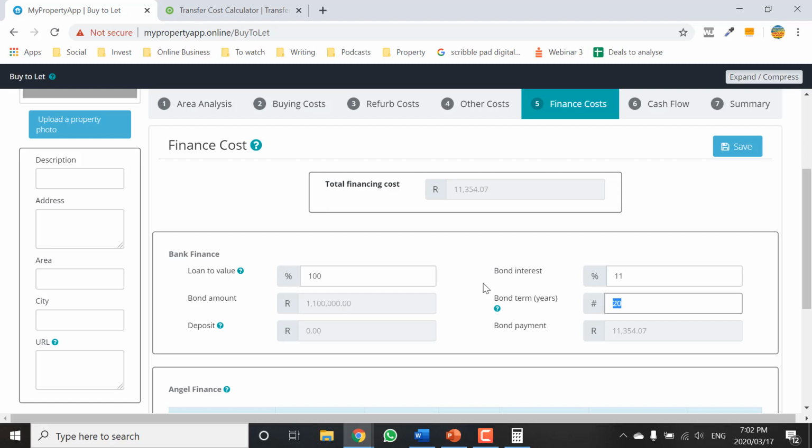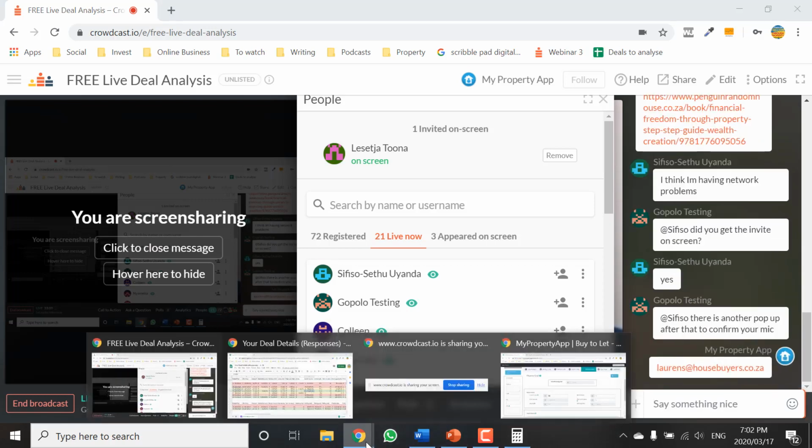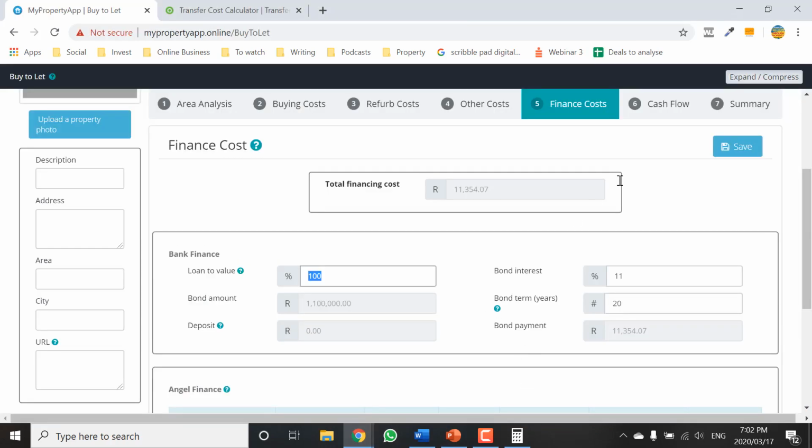The deal does seem to make enough sense. But just so you're aware, when you approach the bank they might resist and say no. Then you must apply for a commercial loan, or send me an email. I'm going to pop my details here again, and I can introduce you to a company that specializes in financing student accommodation. All right, I'll do that. The bank is always your best choice because it gives you the best interest rate, but if you are struggling to raise finance, give me a call. I can help you raise the finance.